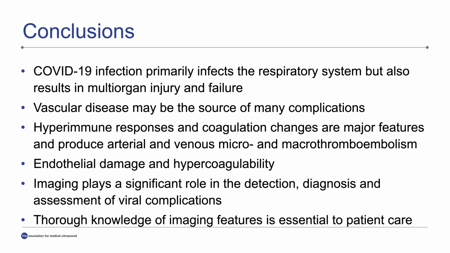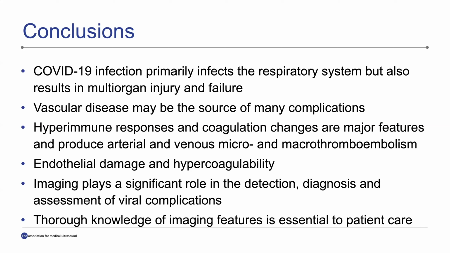So to conclude, the COVID-19 infection primarily infects the respiratory system, but we've seen it also results in multi-organ injury and failure. Vascular disease may be the source of many of these complications, and we see that as an exaggerated immune response that produces changes in coagulation as major features of the viral infection.